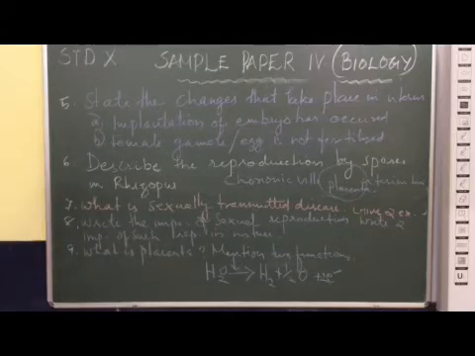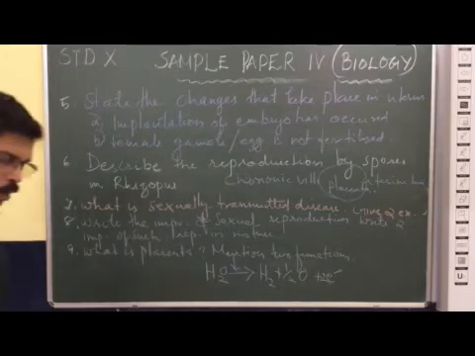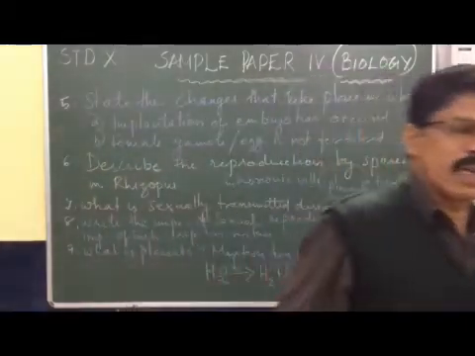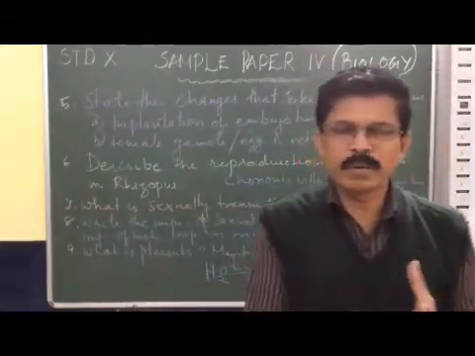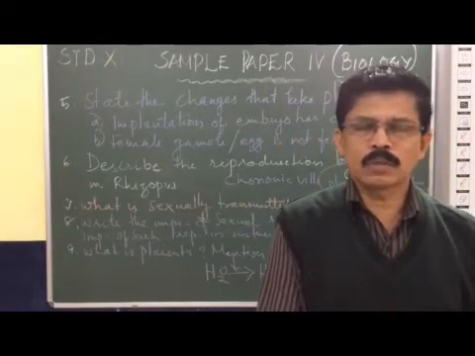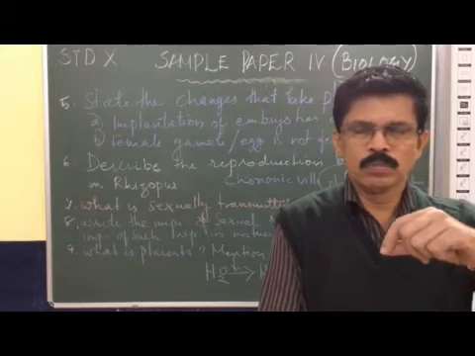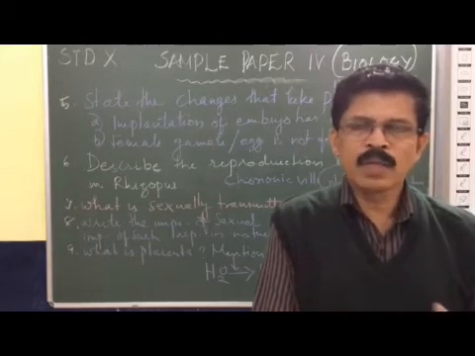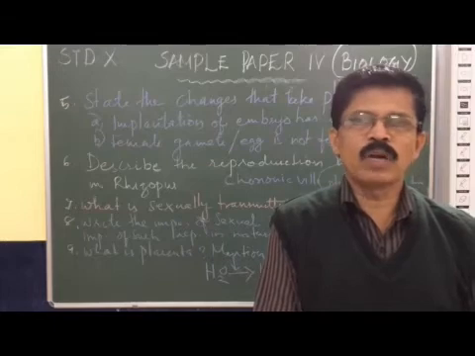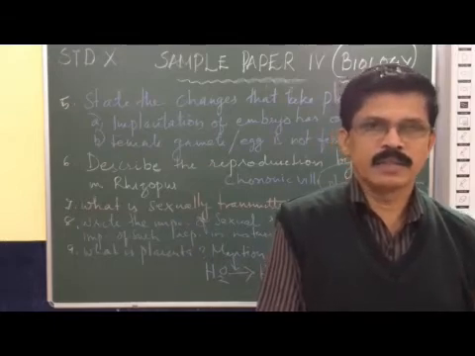Now, sixth question. Describe the reproduction by spores in Rhizopus. Rhizopus is called bread mold. You know that Rhizopus develops when a wet slice of bread is kept in the open. The spores of the Rhizopus land on this bread, and they germinate and form what we call the hyphae.